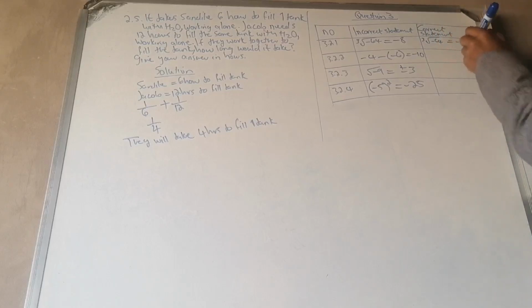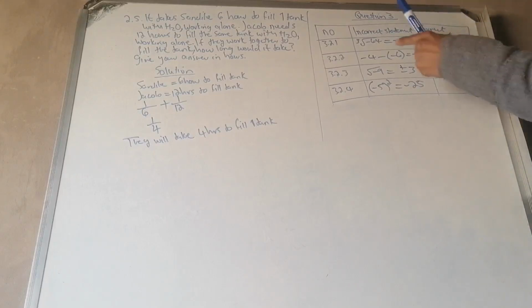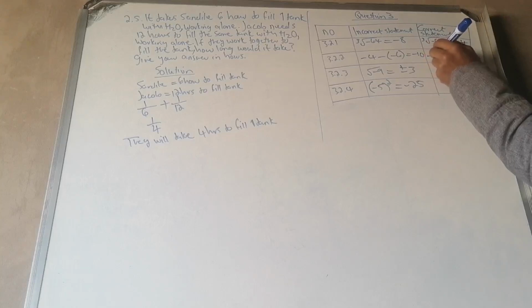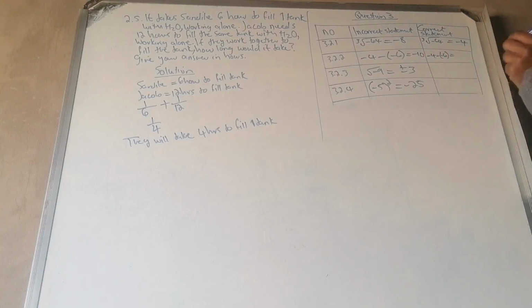Negative 4. This is the correct version of the statement. Now negative 4 minus into minus 6 equals minus 10? Come on, negative 4 minus into minus 6 equals what? 2.